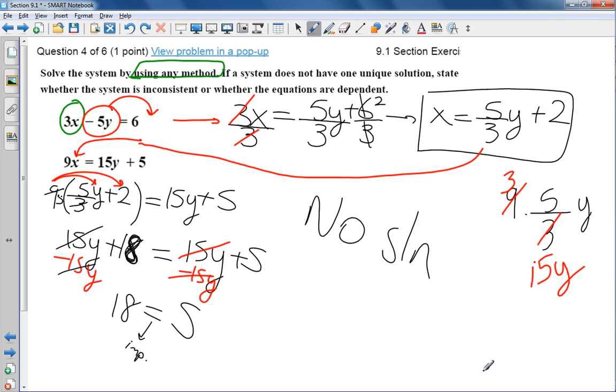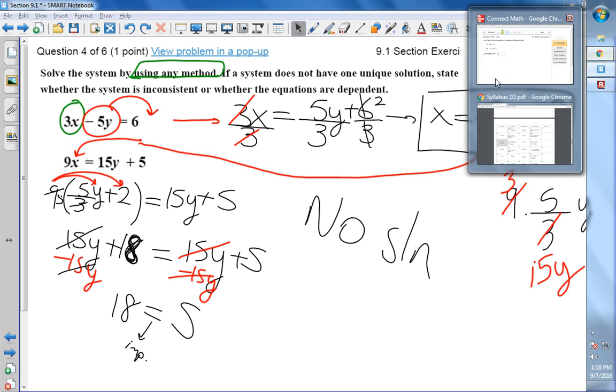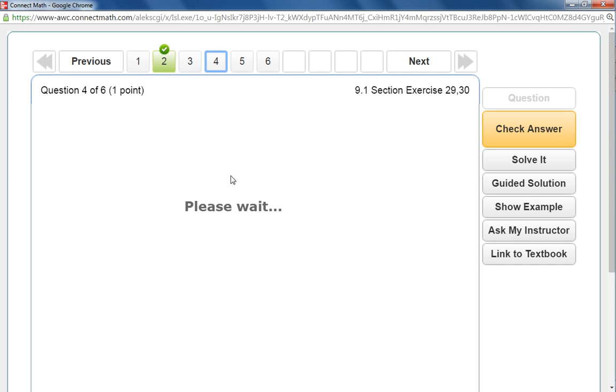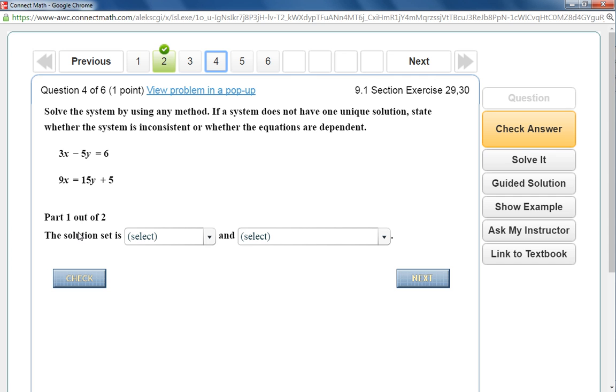Okay? So you're lucky if you end up in one of these situations because you don't have to proceed and get x or y solved. Let's make sure though. That was 4, right?